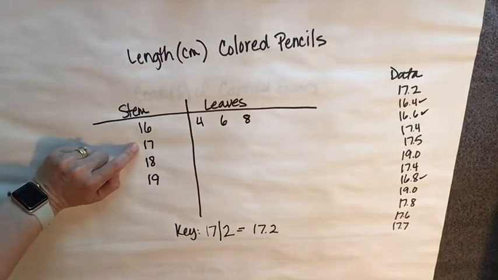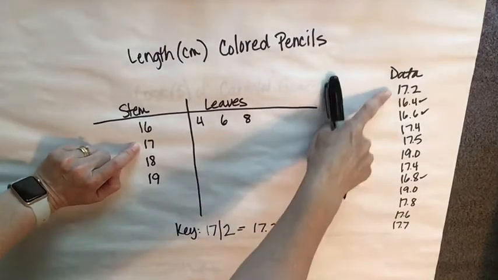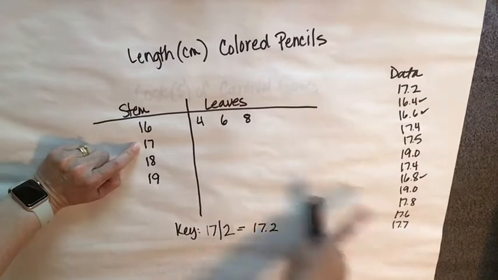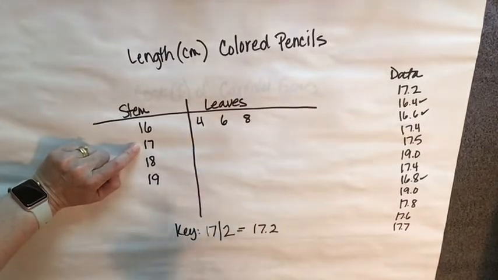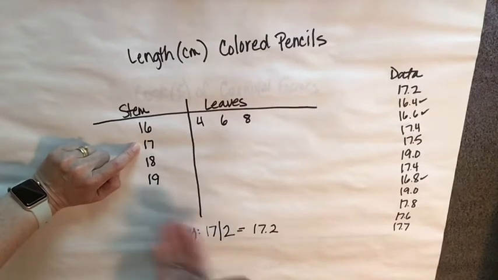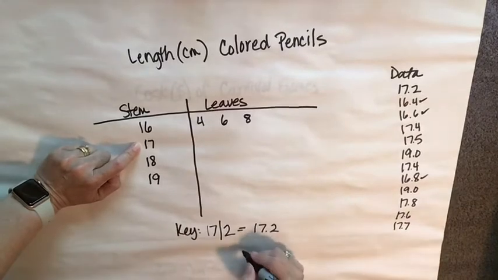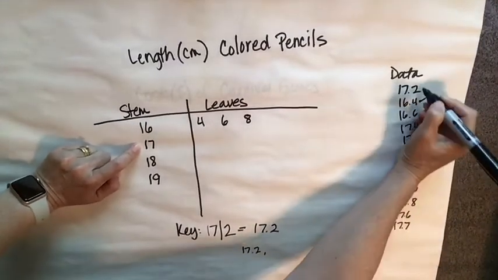Next, I want my 17s, and I can see there are a lot of 17s. When you have a lot of data like that, it's a good idea to put them in order first before you try to put them on your stem and leaf plot so you don't miss any and so that they're in order for you. So I can look at them and see I have 17 and 2/10. I'm just going to make a quick list so we don't miss any.